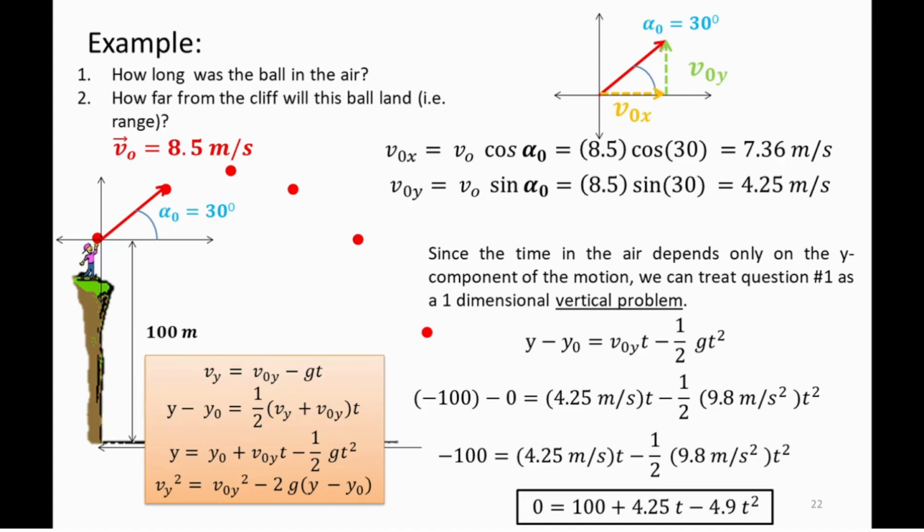Equation number 3, however, is fine because we know the final and the initial positions, y and y naught. We know the y component of the initial velocity based on our initial calculation. And we know the acceleration due to gravity, g, is equal to negative 9.8 meters per second squared. So in equation number 3, the only unknown is the time. Hence, we can use this equation to solve for time.